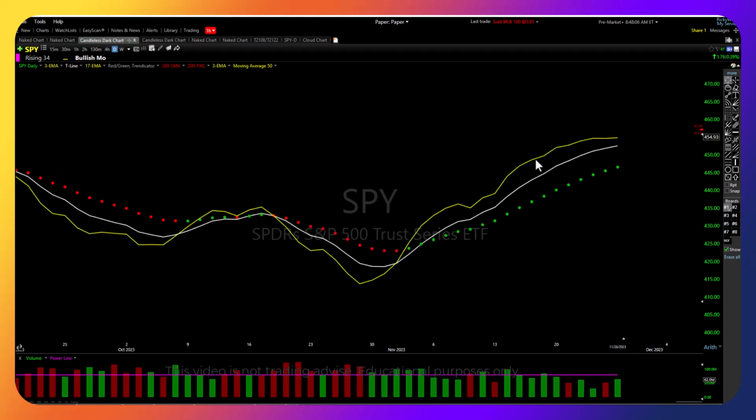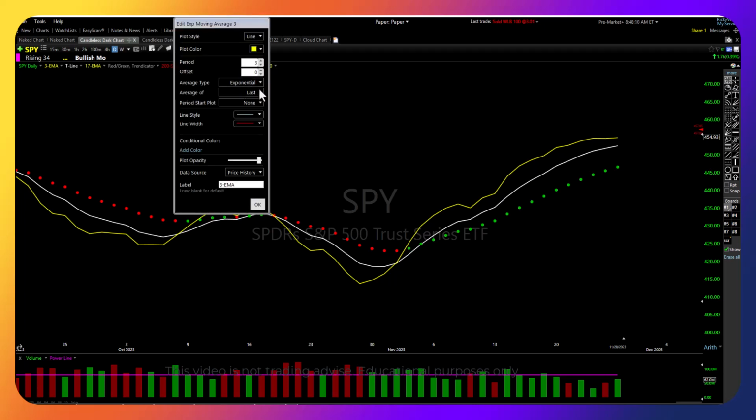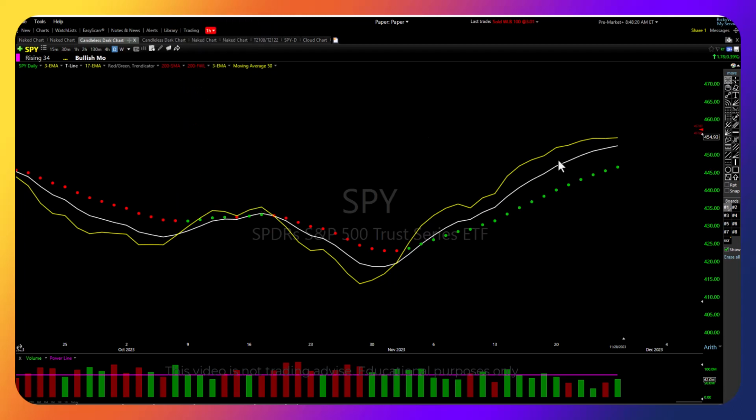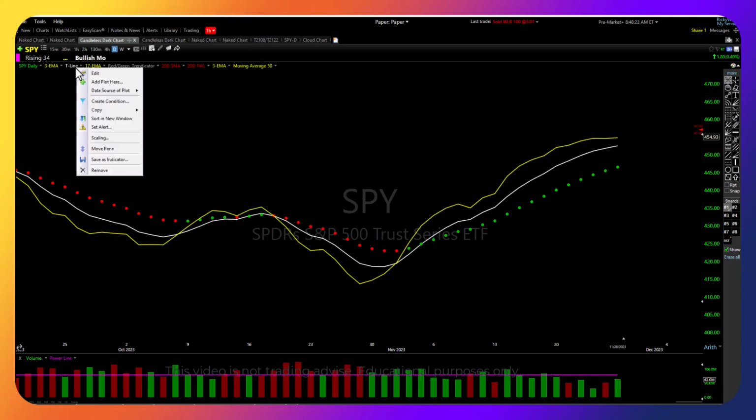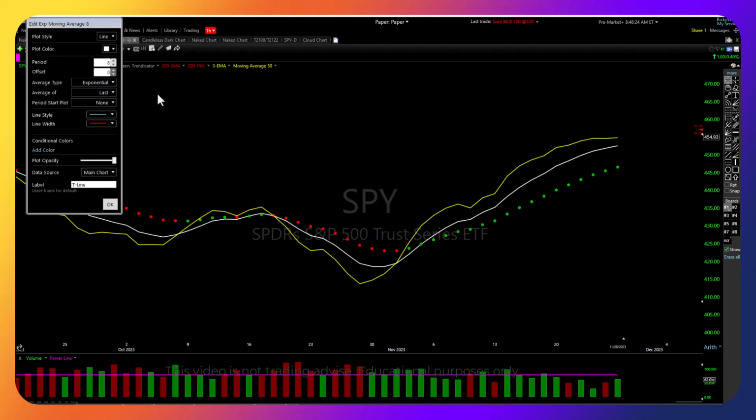The yellow line, and let's confirm because sometimes I do mess with it. The yellow line is the 3 exponential last price, okay? The white line, that's going to be the T line, and that is the 8 exponential last price.